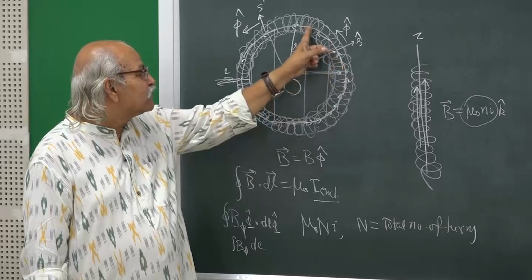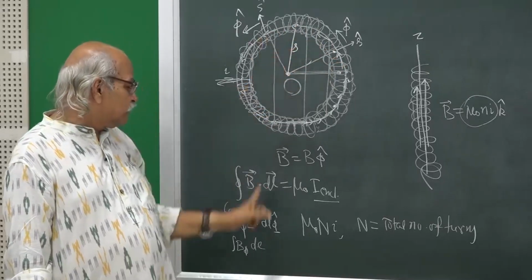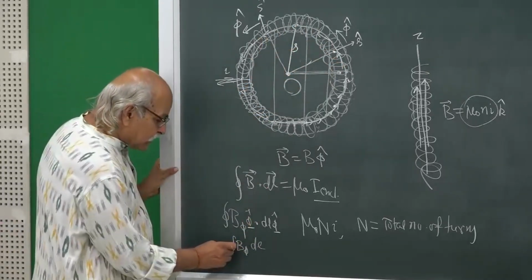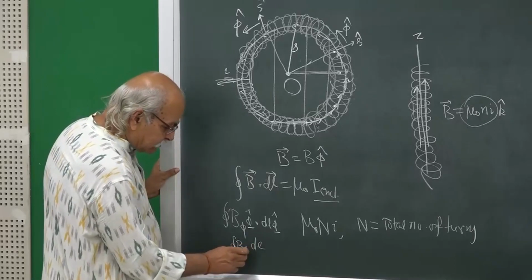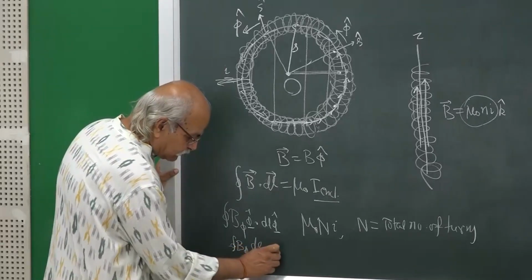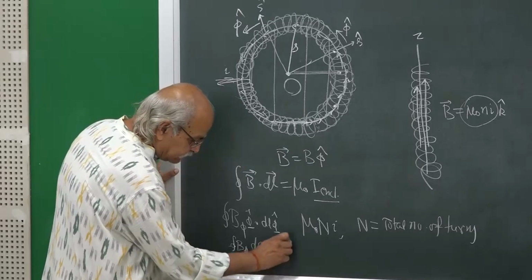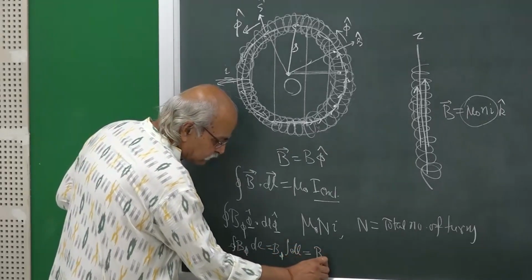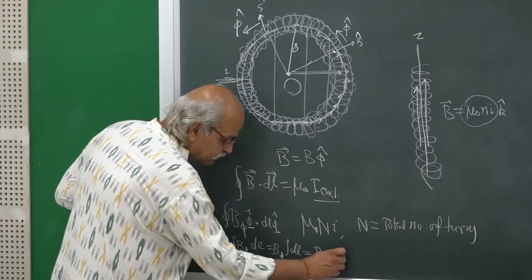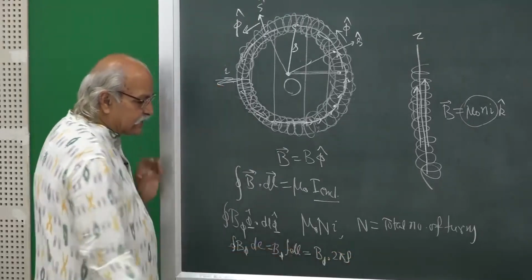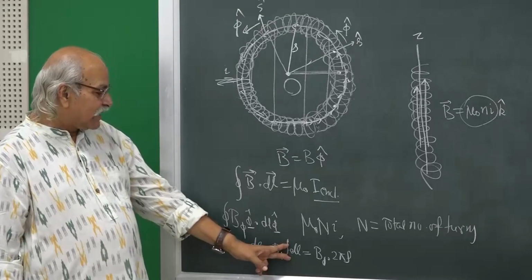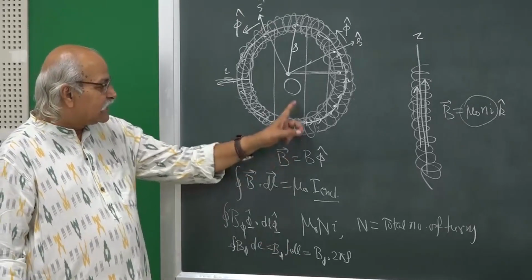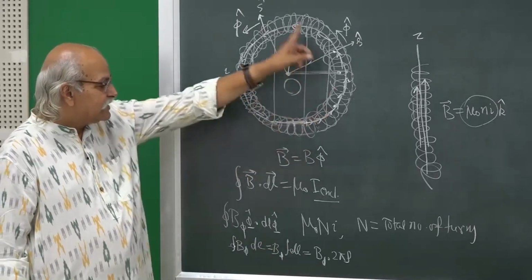These points are all equivalent, and therefore, B phi is constant, and hence you can take B phi out, and it is the integral of dl, and that is B phi into 2 pi s. All this dl, you are adding the magnitudes, so that will be 2 pi s, because radius is s, periphery is 2 pi s.